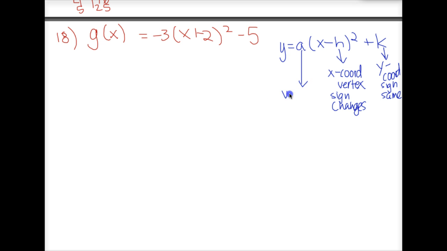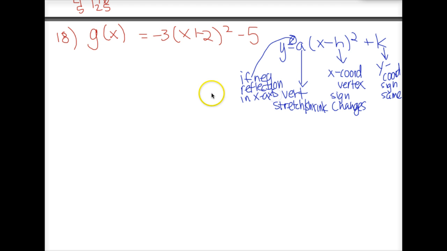It controls vertical stretch or shrink, and we just kind of draw a line up here. We say if it's negative, there's a reflection, meaning it's going to open down because there's a reflection in the x-axis. So when I look at all of those things, I know this like the back of my hand.